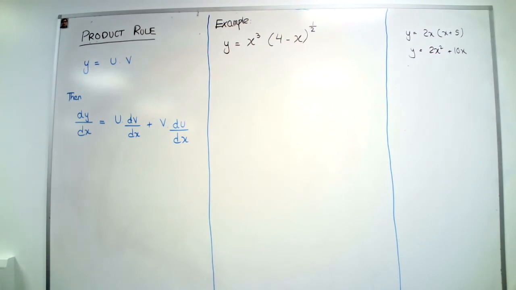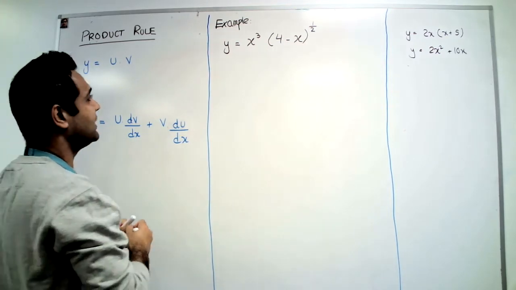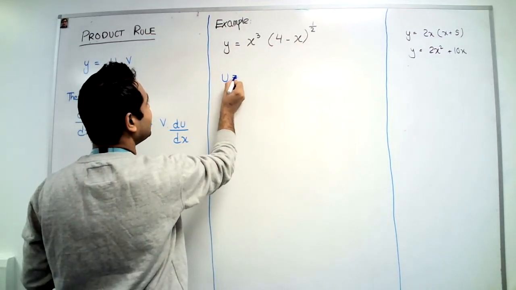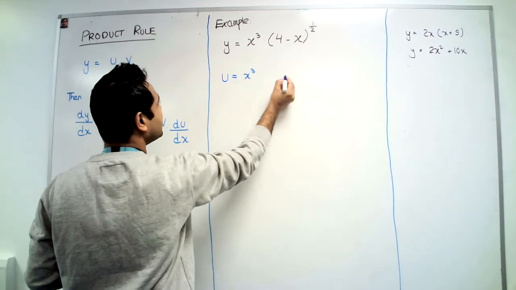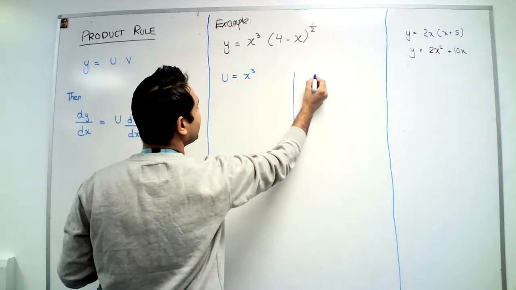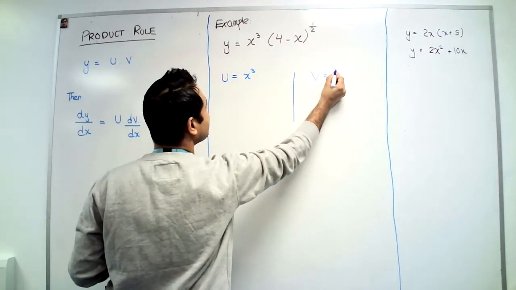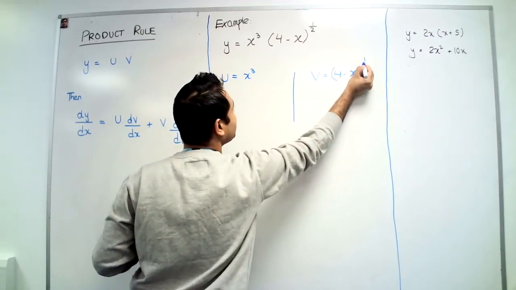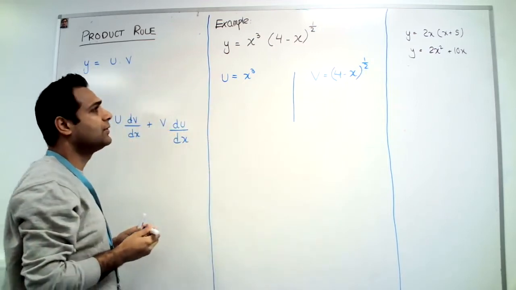So we need to actually use the product rule. To do the product rule, we need to assign u and v. So we will say u equals x cubed and v equals 4 minus x to the power half.